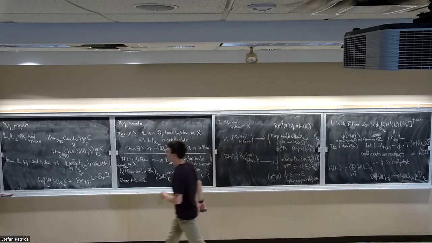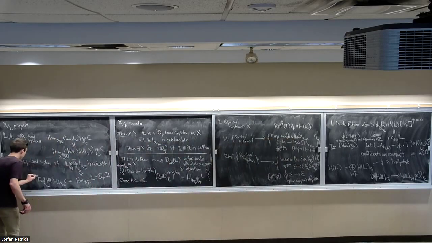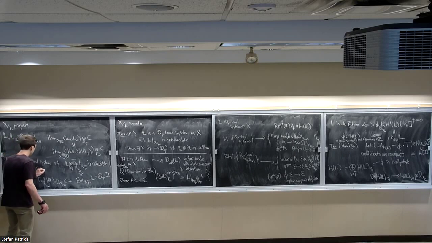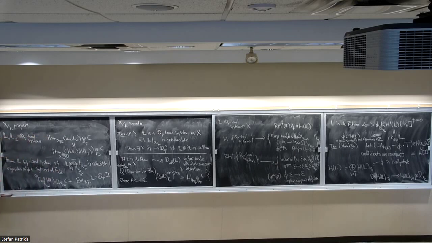But now it follows that eigenvalues of phi have to belong to a single coset of k bar mod Z. Right, so they all have to be integral shifts of a single element in k bar.